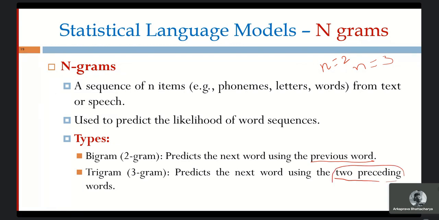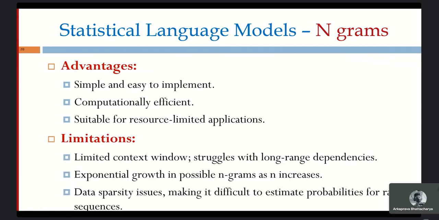An n-gram is a sequence of n items from a sample of text, or it could be from speech. If you look into the advantages, n-grams are very simple, easy to implement and computationally efficient, making them suitable for applications with limited computational resources. However, they have significant limitations. They struggle with capturing long range dependencies due to their limited context window.